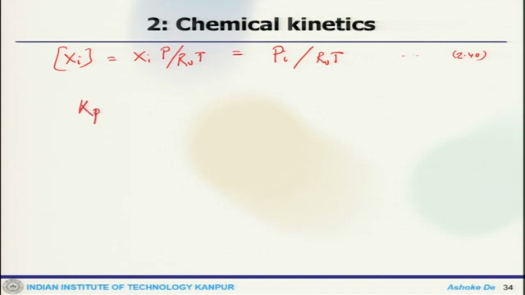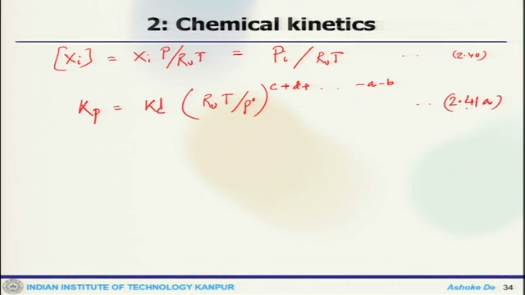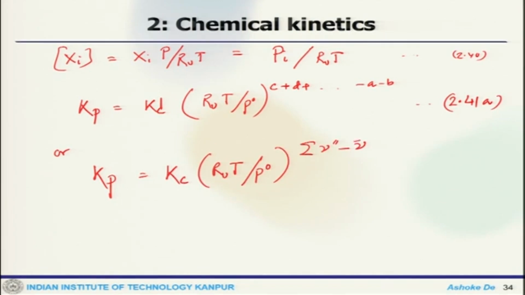So, we can find out Kp equals Kc times (RuT by P naught) to the power of (C plus D minus A minus B), which is 2.41 A, or one can find out Kp equals Kc by P naught, summation of this.